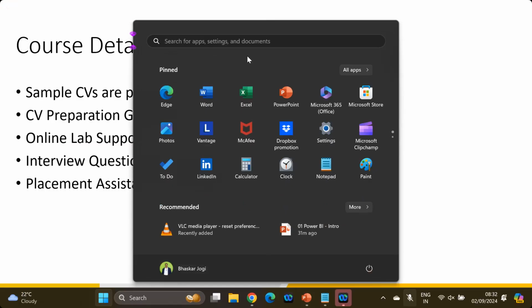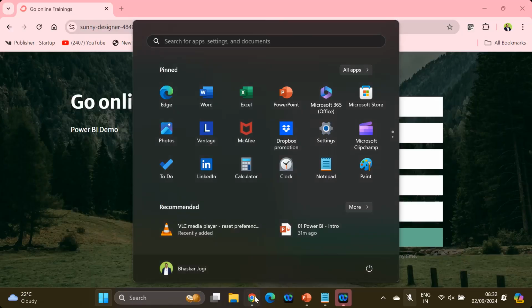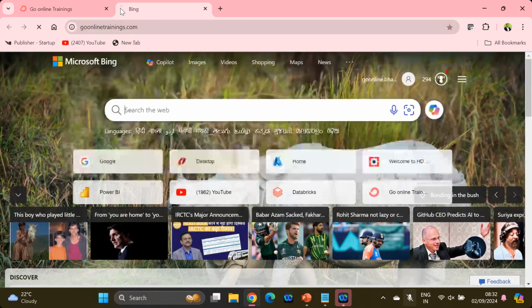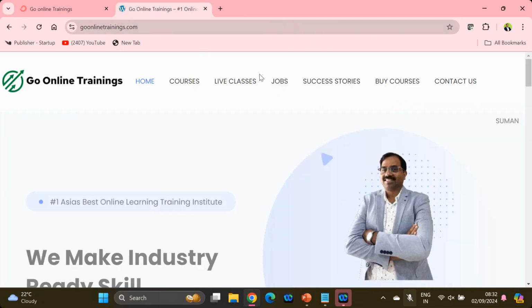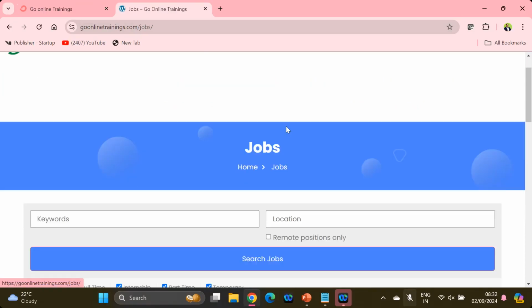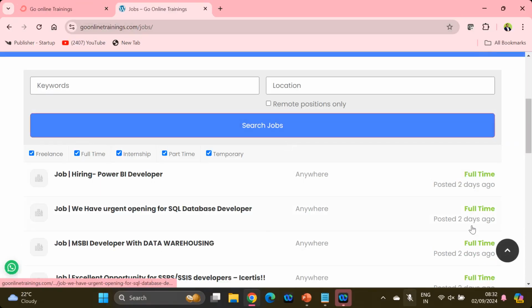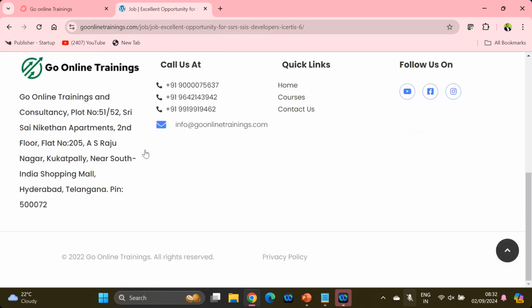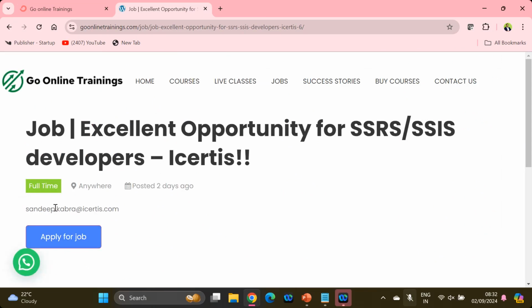If you go to our Go Online Trainings portal, on a daily basis we're going to be uploading jobs. When you go to the portal, you will be able to get the jobs, and on a daily basis these are going to be uploaded. You can just click on them and simply apply for the jobs. There is no special JD.